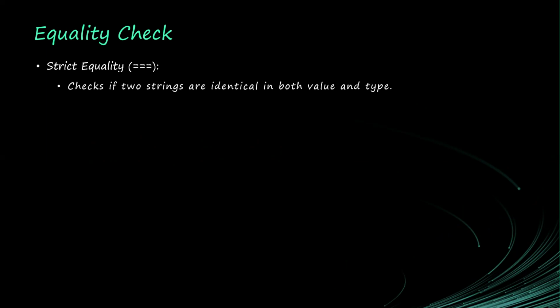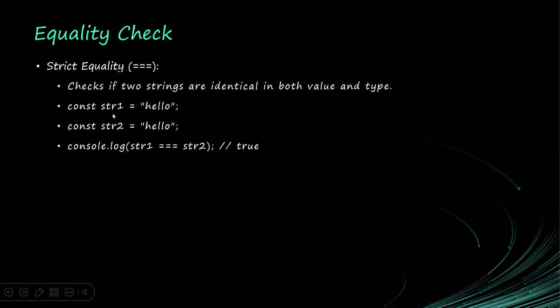The strict equality operator checks if two strings are identical in both value and type. Remember, it checks for both the value and the type. So when we have the constant strings hello and hello, both of them are equal, in value and in type.